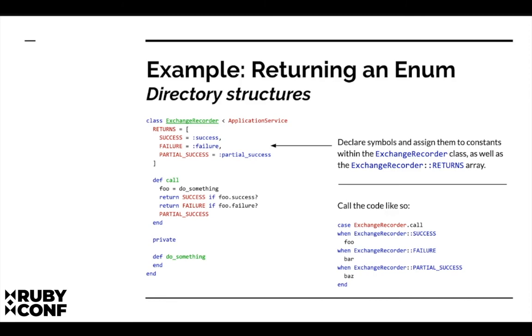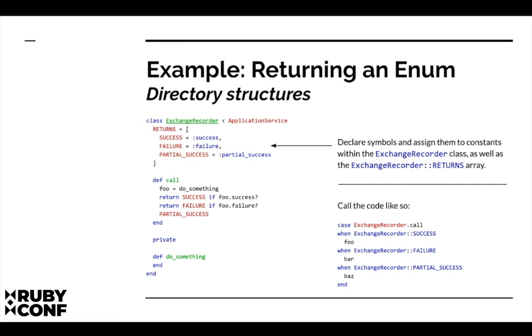declares partial success as a symbol. So it's essentially like declaring constants, and because constants are generally tied to the class itself, you can call this constant as Exchange Recorder, and then partial success under Exchange Recorder, but it's also callable as Exchange Recorder Returns and then partial success.